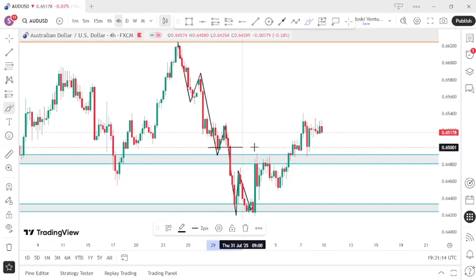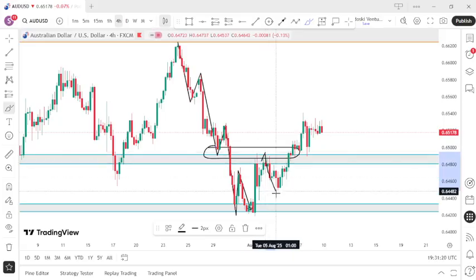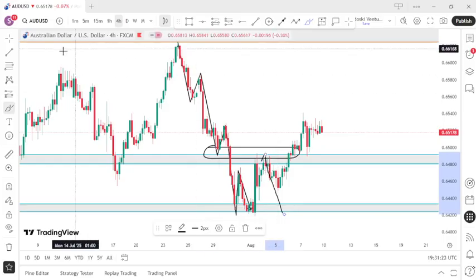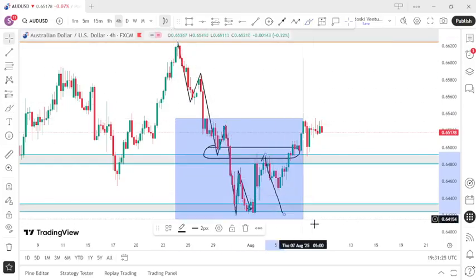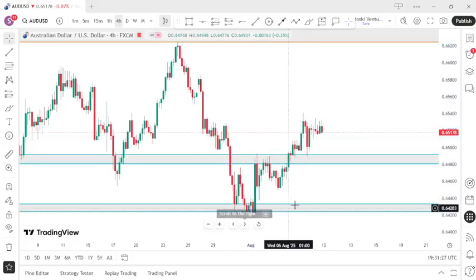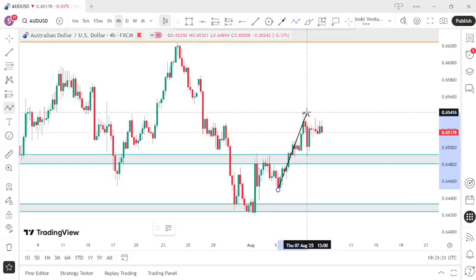If here is a resistance and price taps into it, you're supposed to be seeing selling pressure dropping all the way to the downside. But that did not happen. What happened was price broke that resistance and went to the upside.